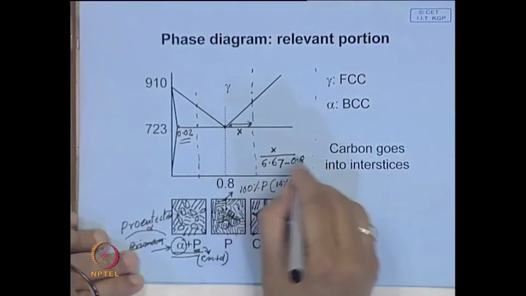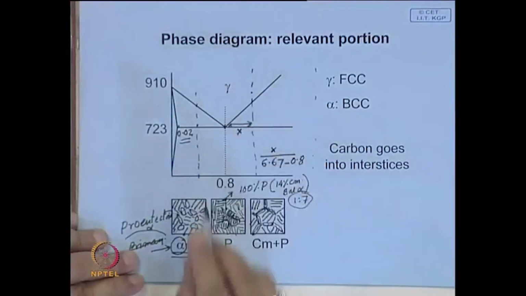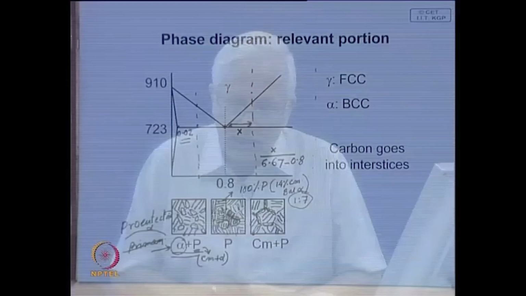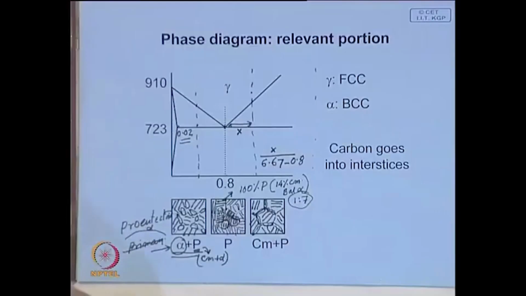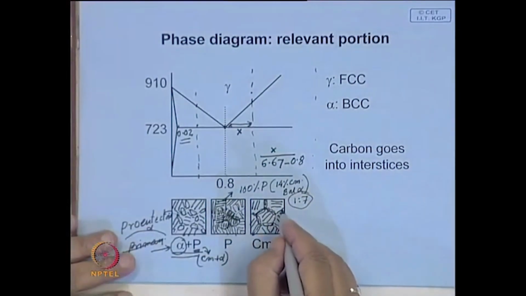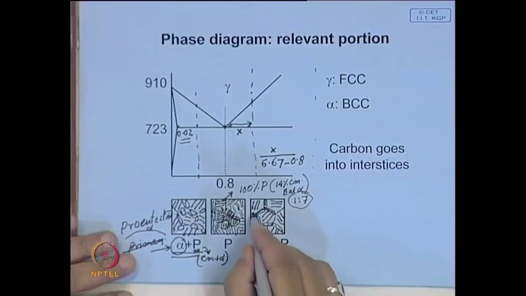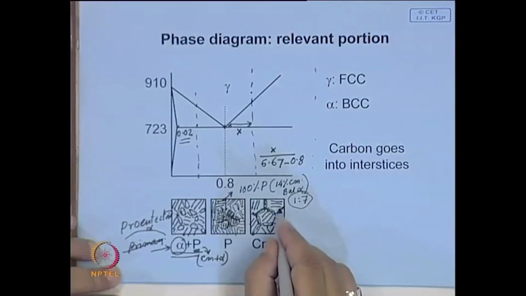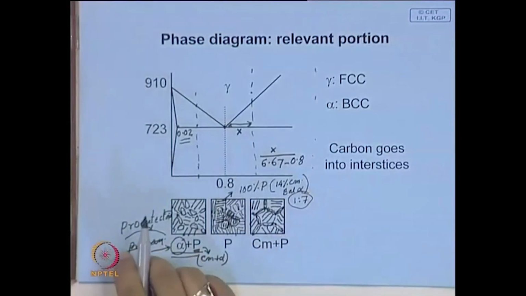Now, this is much larger, so the amount of proeutectoid cementite you can have in steel is very, very small. That is why you can only expect a very thin network of cementite, and cementite is very brittle. A brittle network at the grain boundary is unwanted, and in all heat treatment processes we have to see that we do not let this happen.